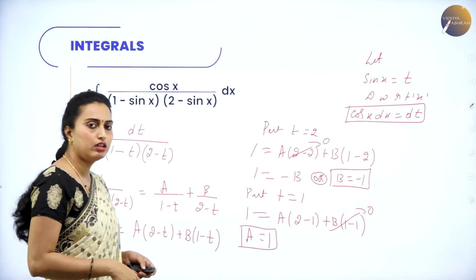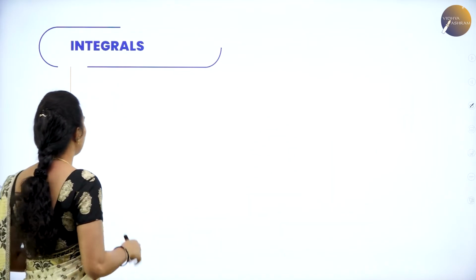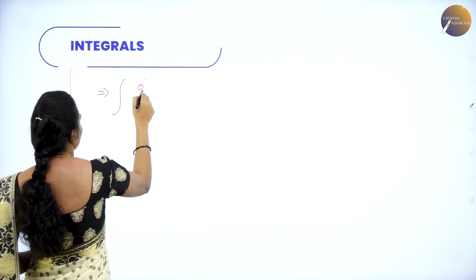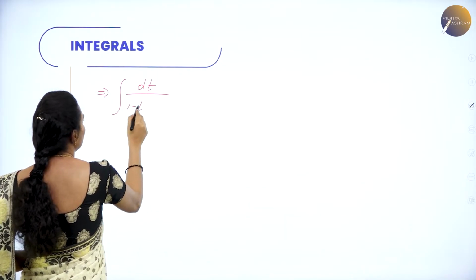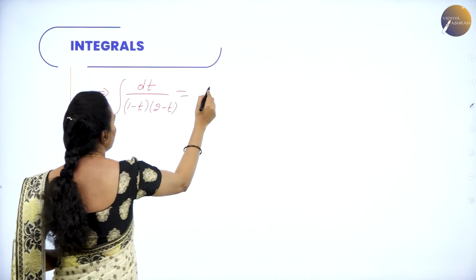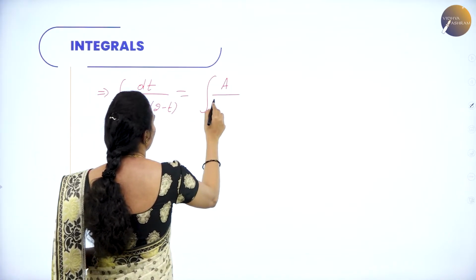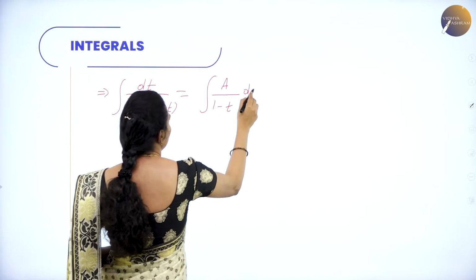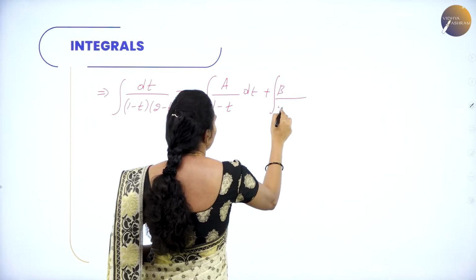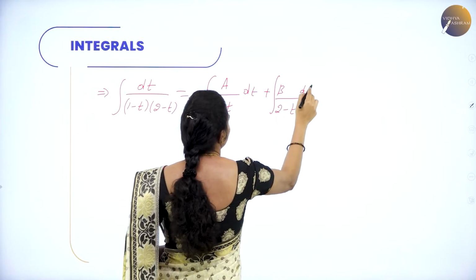Substitute back into the equation and integrate, which implies that the integral of dt divided by 1 minus t into 2 minus t is equal to integral of a divided by 1 minus t into dt plus b integral of 1 divided by 2 minus t into dt.